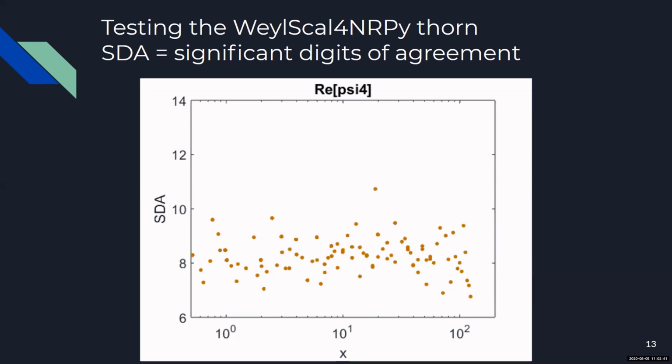And we see that we have good agreement between the two, hovering around 8 digits of agreement between the two codes. And we see the same level of agreement throughout the rest of the grid, as well as in the other four Weyl scalars and all the invariants that we output.